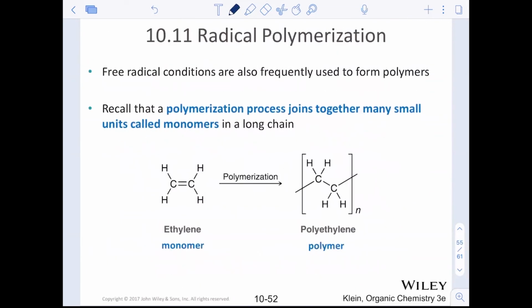Last one that we just want to talk about is polymerization. When we make multiple chains, this polymerization process joins together very small units. These units are usually called monomers, and they usually have an alkene. Now that alkene is initiated into an addition reaction, a radical addition reaction, and that radical addition reaction can cascade and make more and more connections.